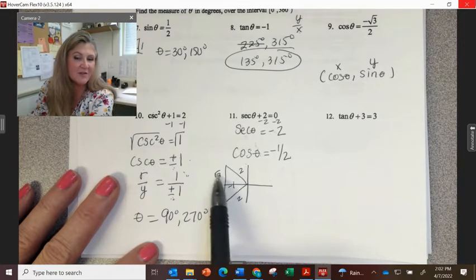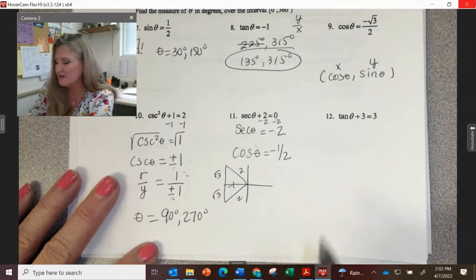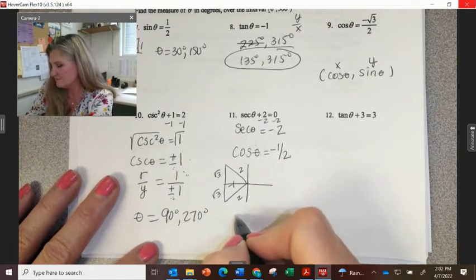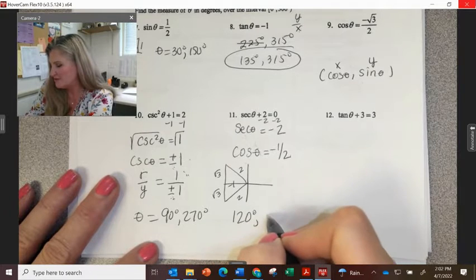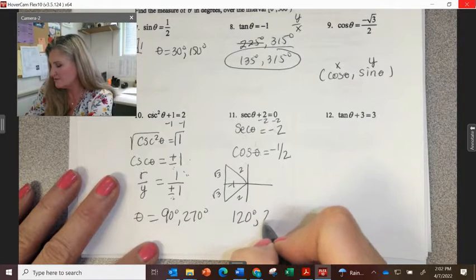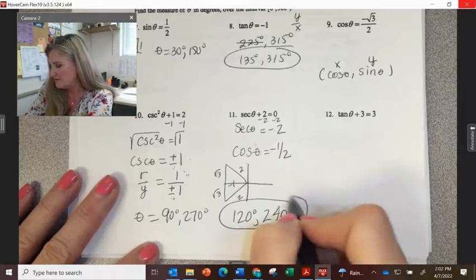What goes across from the radical 3? 60. So what's it going to be? 120 and 240, right?